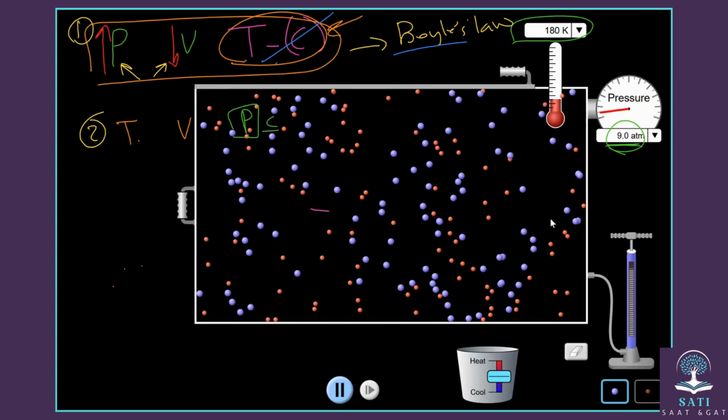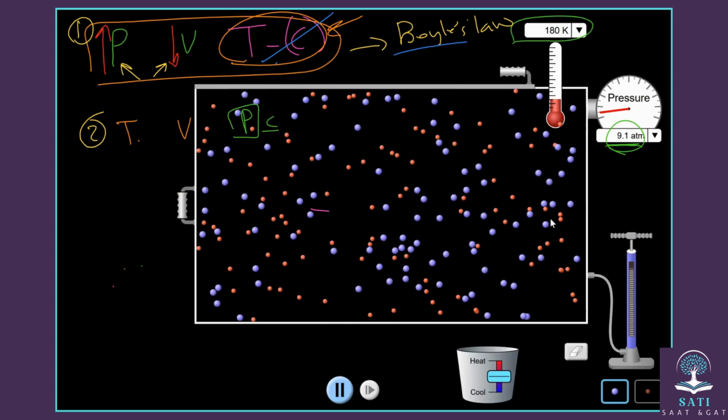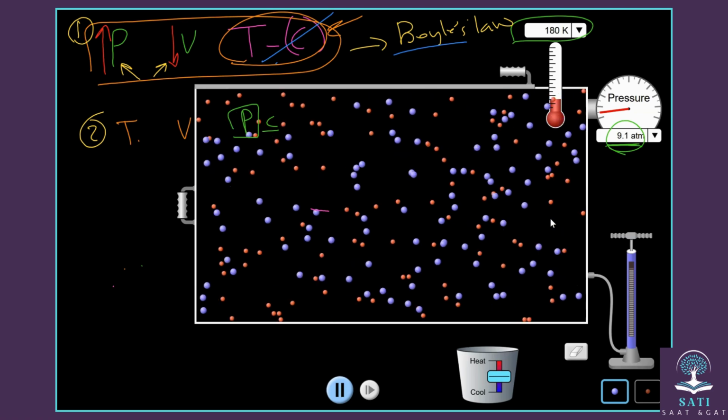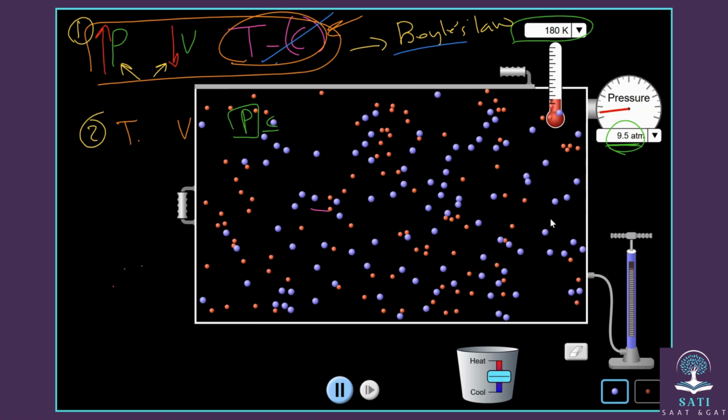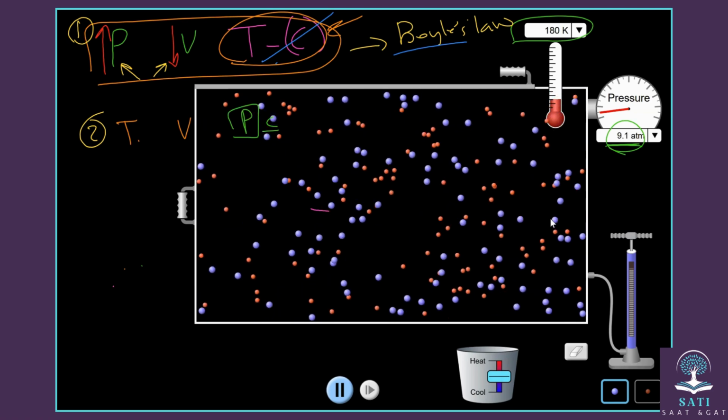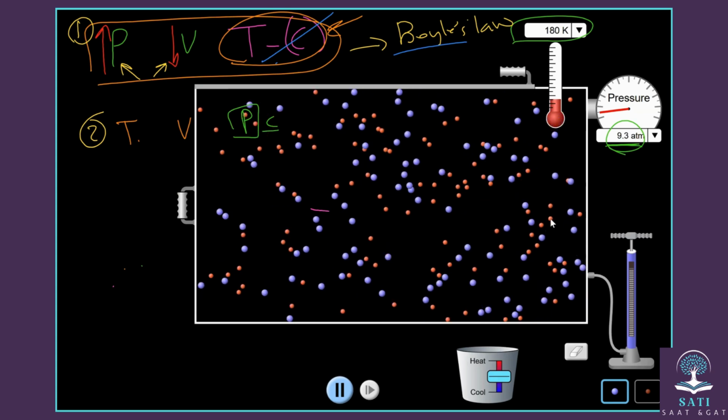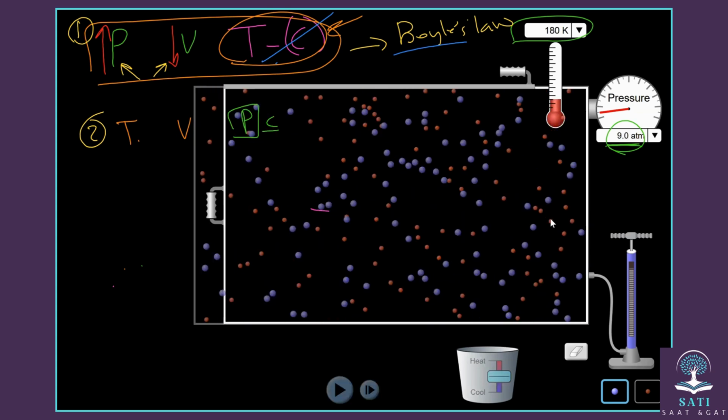As the temperature increases, the volume increases. So that means the relationship between volume and temperature is directly proportional.